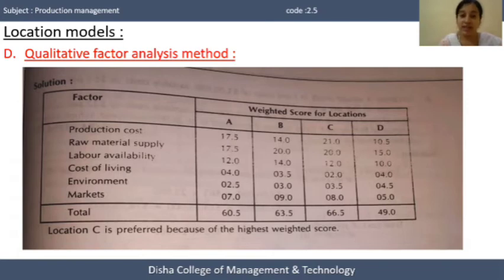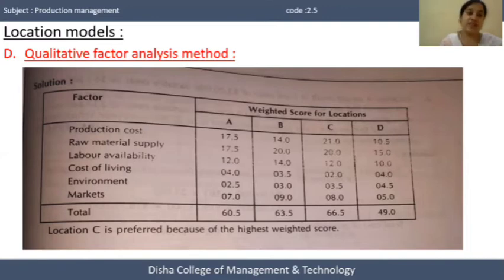So in this example, location C has the highest score, that is 66.5 total score. So the industrialist concludes that he has to select location C for installing his plant. This is all about the qualitative factor analysis method, and these are the various locational models available for industrialists to identify a good location for his plant.